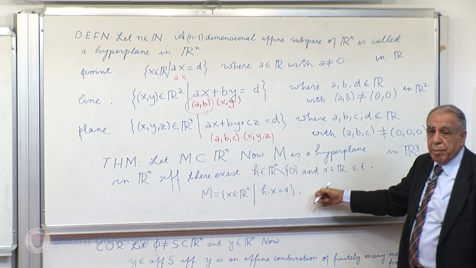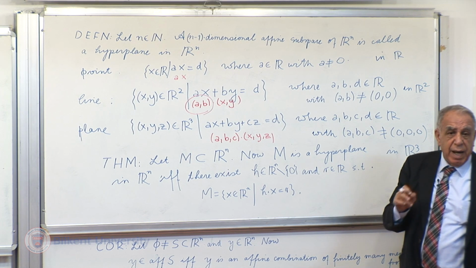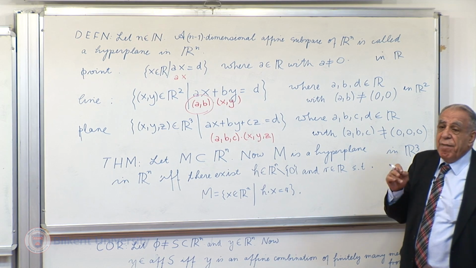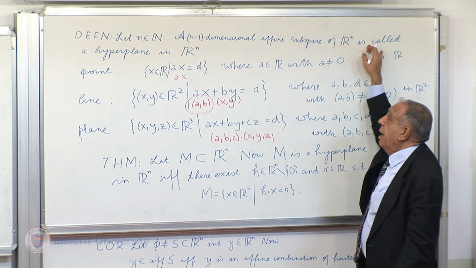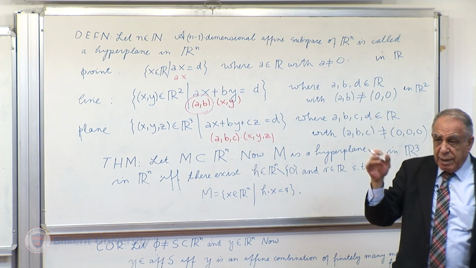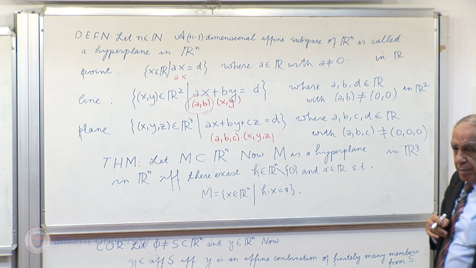And this representation actually will have the following big advantage over representing a hyperplane as just an n-1 dimensional affine subspace.